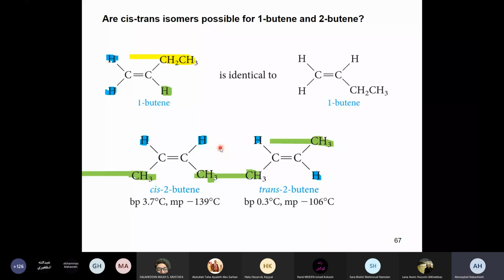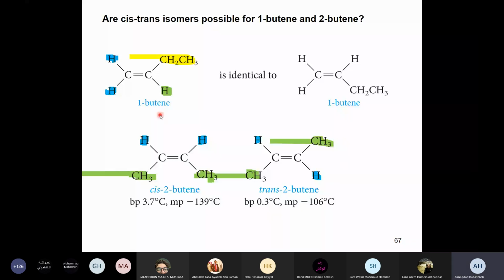So any compound can have stereoisomer if this compound contains what? Stereogenic center. One of the stereogenic centers is a double bond, can be cis or trans.